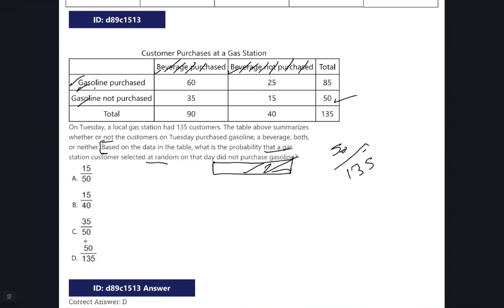This question is just testing whether you are focusing or not. It needs you to focus only on that row and ignore the beverage. So it's 50 out of 135, which is D. Okay, so moving on.